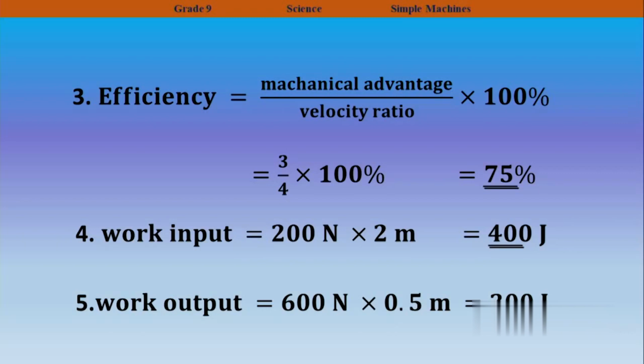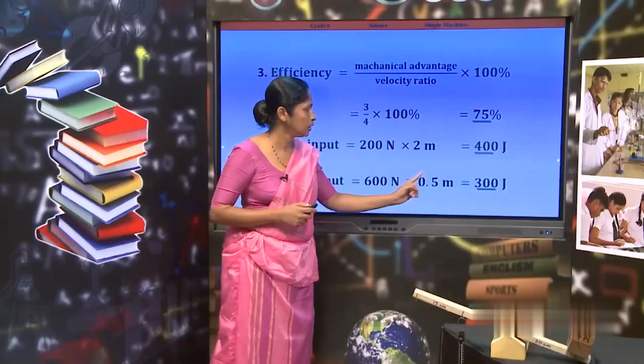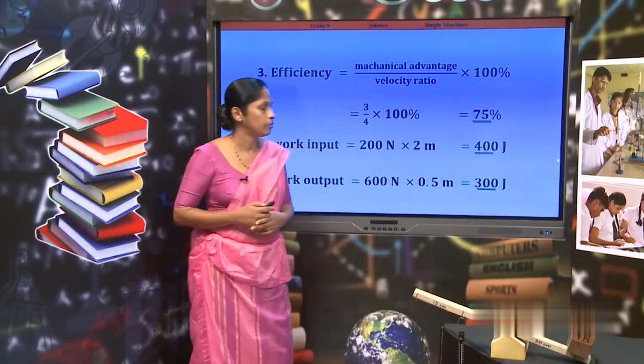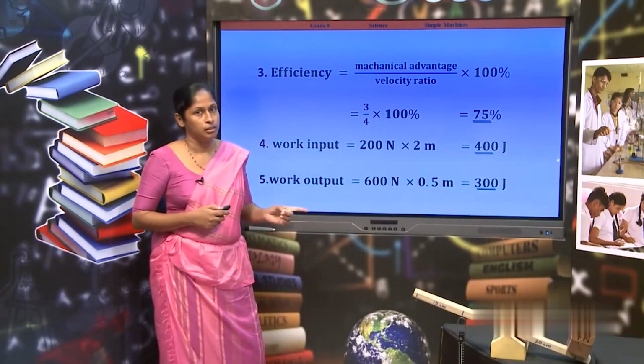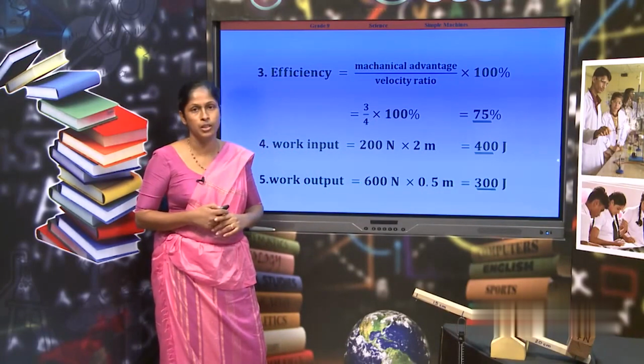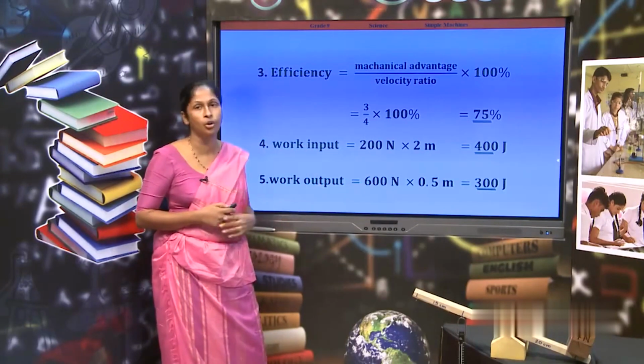To get the answer in joules, we have to use the displacement in meters. So, children, very carefully you have to handle the units. So, finally, we got 300 joules for work output.